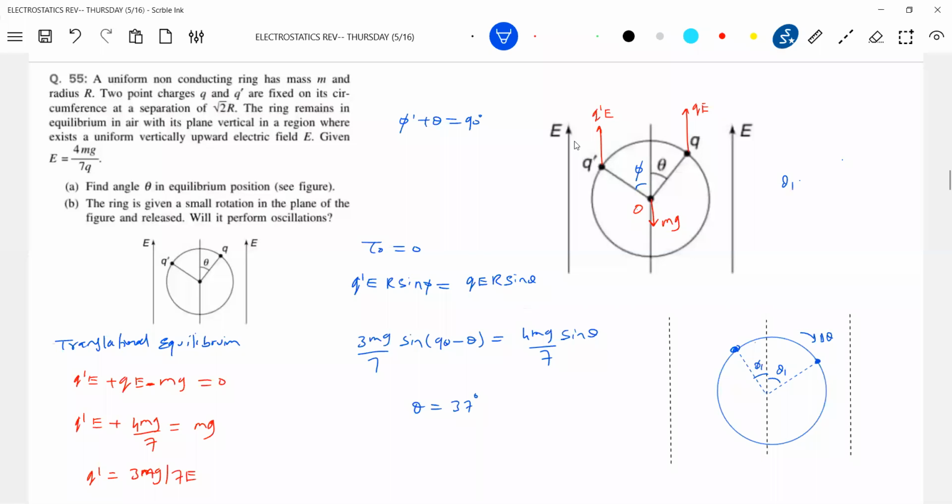So what is theta 1? Theta 1 will be theta plus delta theta. What is phi 1? Phi minus delta theta. Definitely, the force acting will be the same, no? It will not change. This distance is going to change.